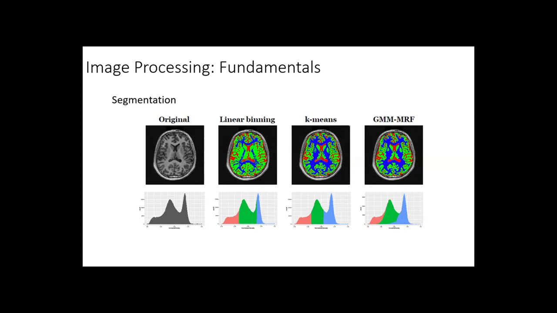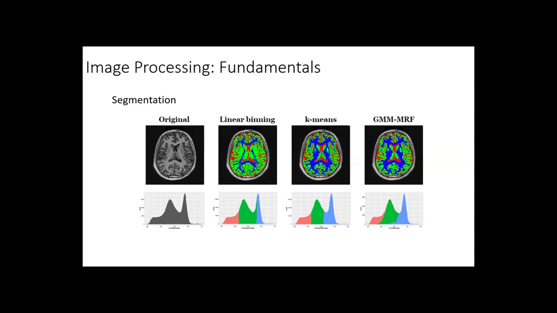But the downside of k-means is that each pixel is treated independently. Maybe these two points are connected, just neighbors. With k-means and three clusters, we only check how close this voxel is to the mean, and then assign a label.